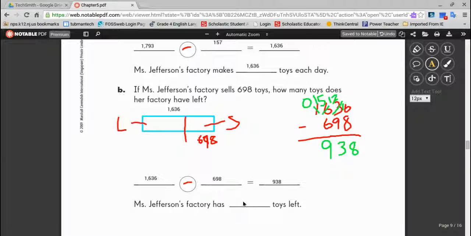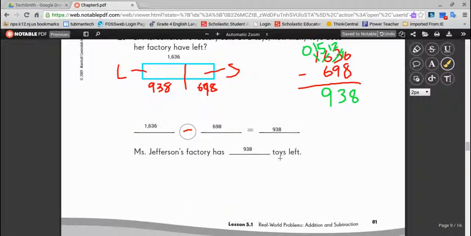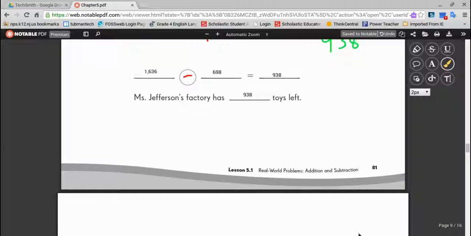So Mrs. Jefferson's factory has 938 toys left. And again, what I like to do always is to write it again in my bar model. So here we go, 938 toys left. And that is page 81.